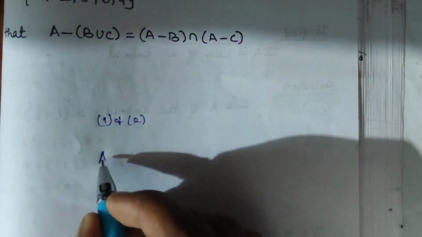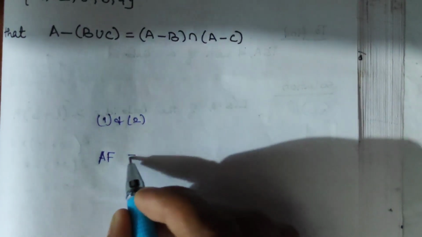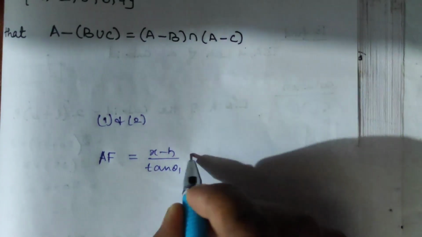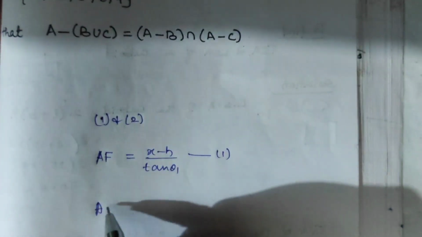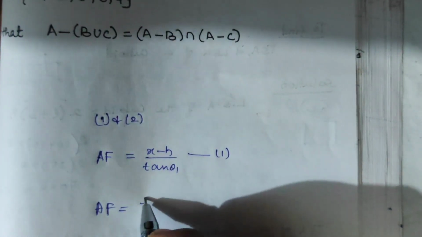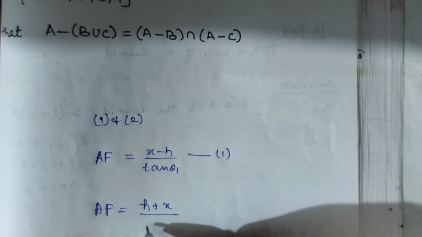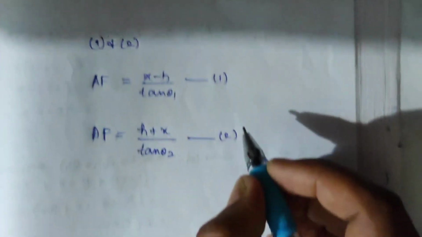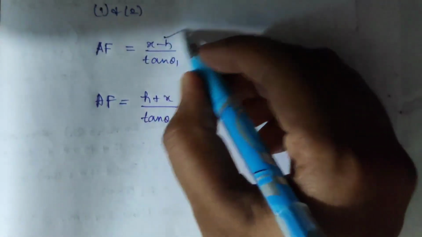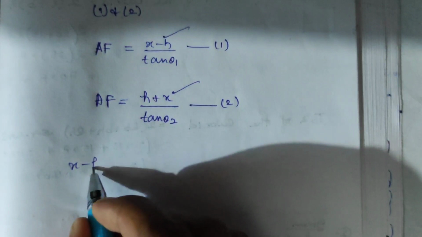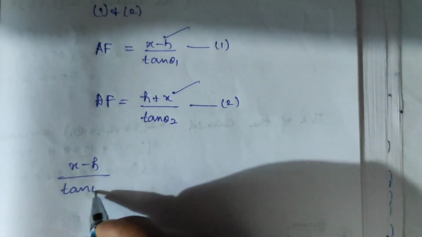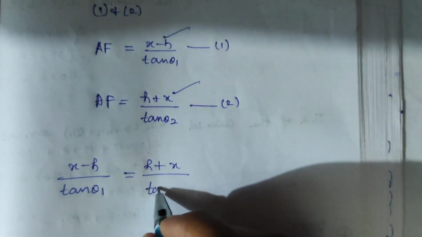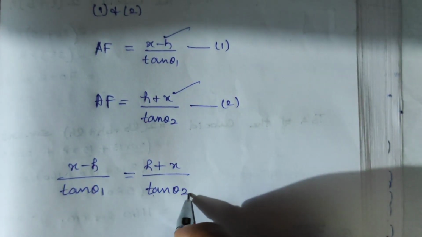AF is equal to x minus h by tan theta 1 is equation 1. AF is equal to h plus x by tan theta 2 is the second equation. So we are going to equate these two. So x minus h by tan theta 1 is equal to h plus x by tan theta 2. Now cross multiply.